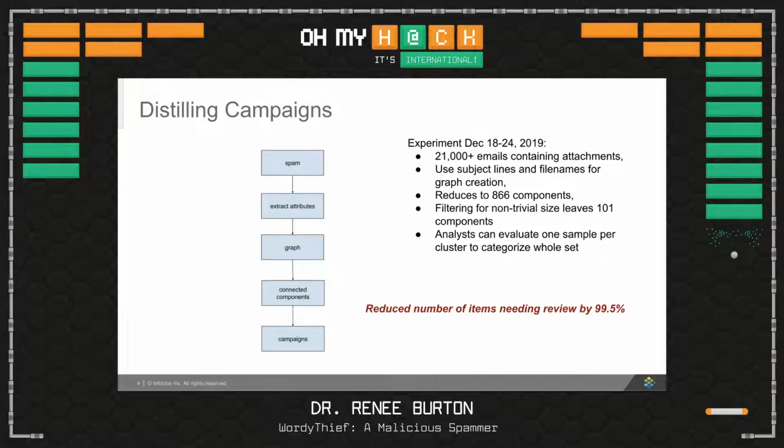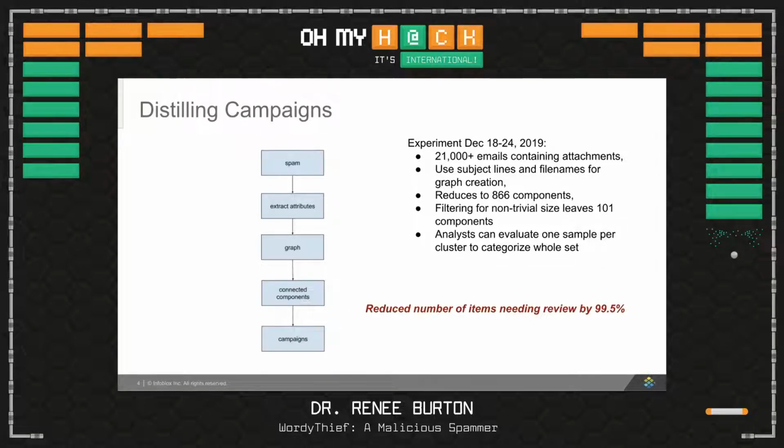So in other words, we take every subject line for every email, every file name for every attachment. Those are our nodes. All the subject lines and all the file names create the set of nodes. And then there is an edge between a subject line and a file name if there exists some email in our corpus that has both that subject line and that file name.